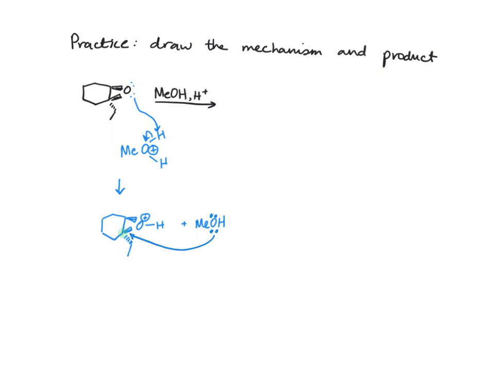Then in a second step, we attack that more substituted carbon and then break the epoxide ring open. And now we're left with an ether that's protonated actually. And we have to invert our stereochemistry at the carbon that was attacked.